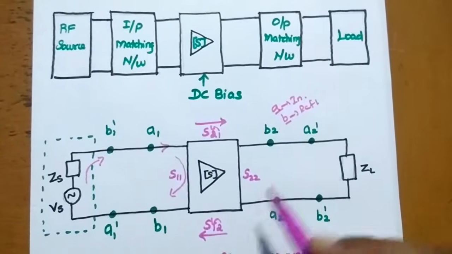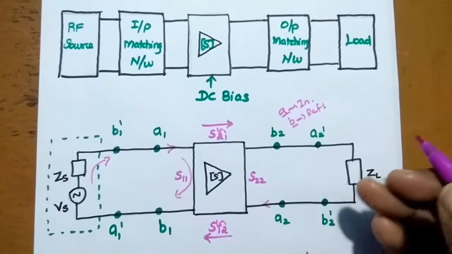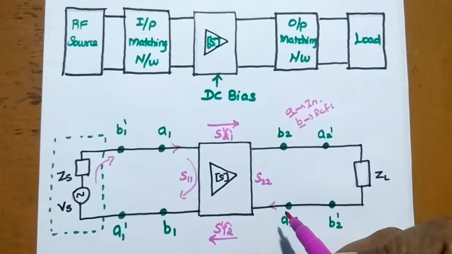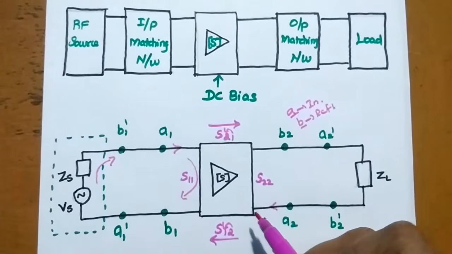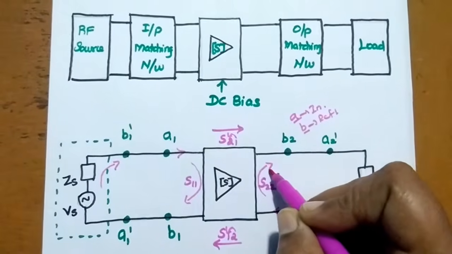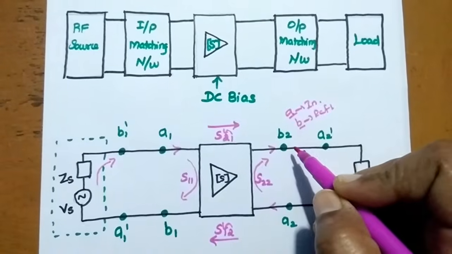Likewise, considering the second port, A2 is the incident wave amplitude to this amplifier, and there may be some reflection, which is represented as B2.